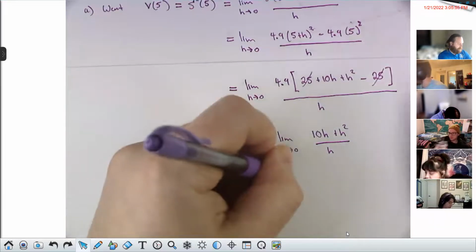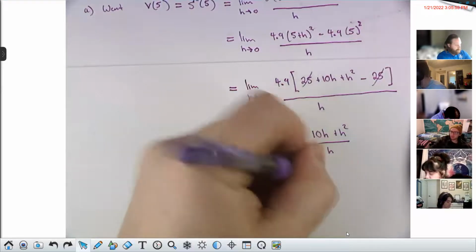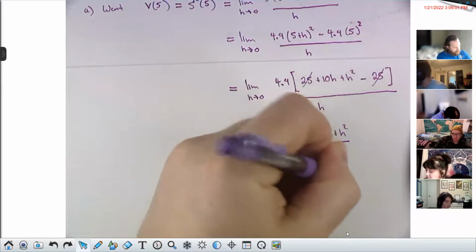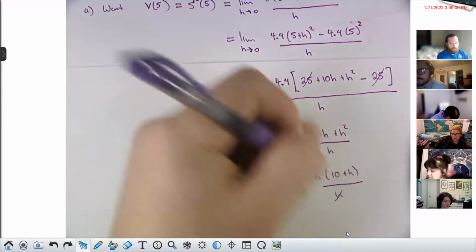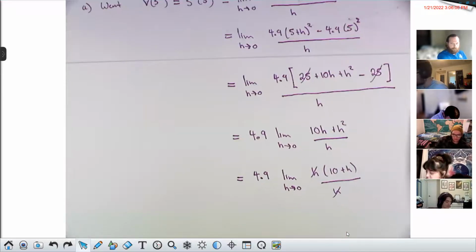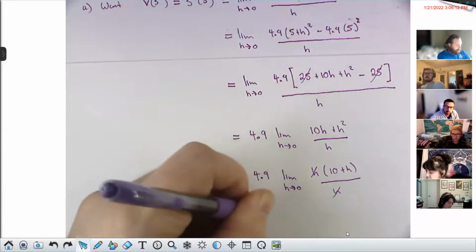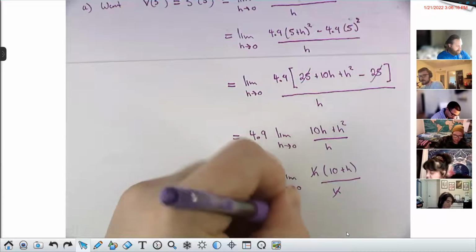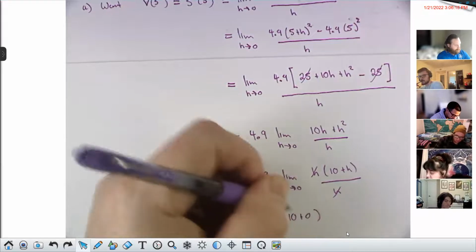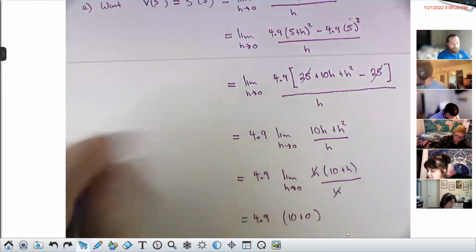In other words, what I get is 4.9 times the limit as h goes to 0 of h times (10 plus h) over h, cancel, which gives me 4.9 times, now I take my limit, this is just 10 plus 0. So that's 49.